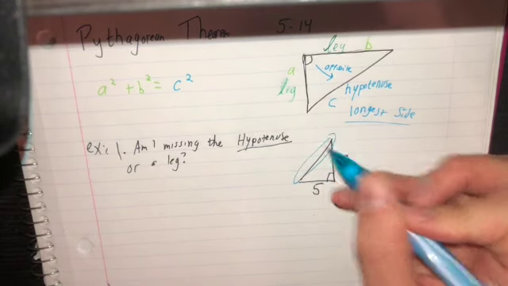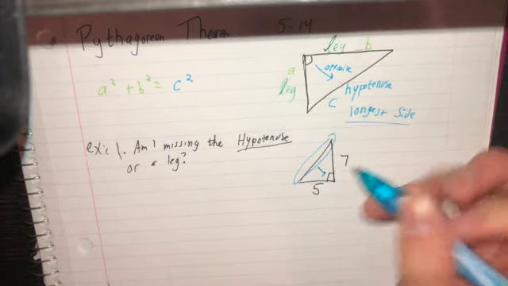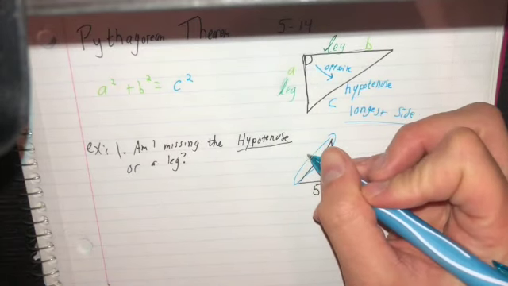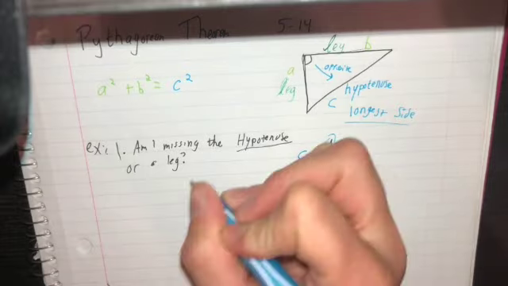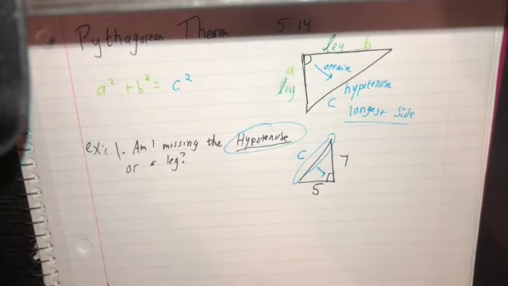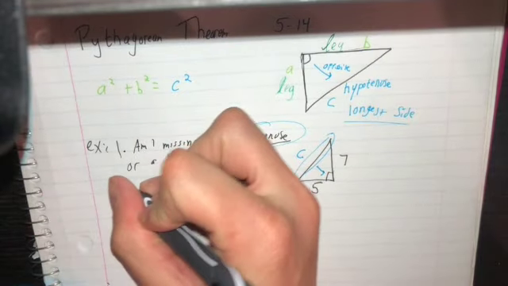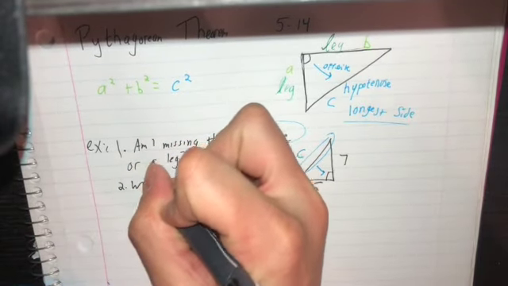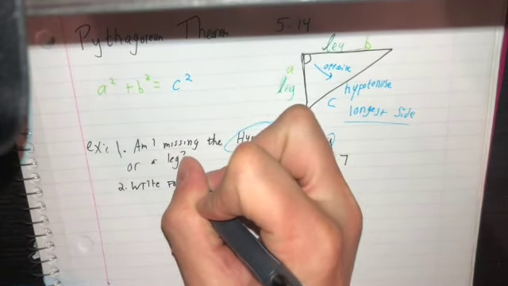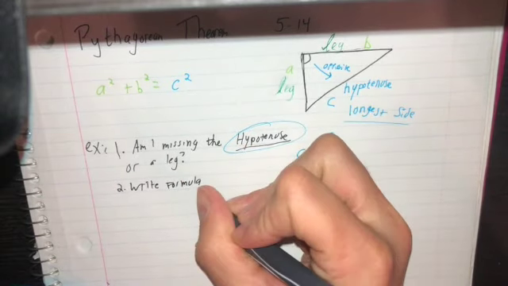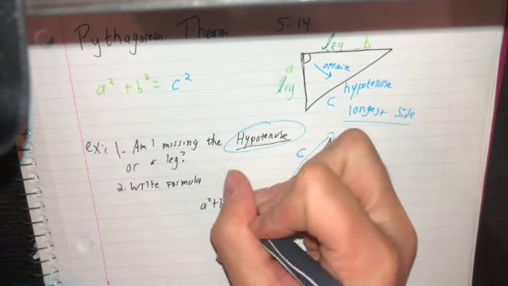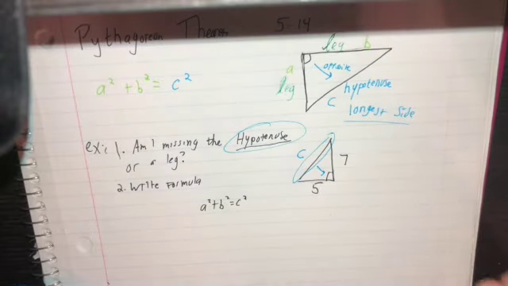Well, this side here, I notice it's opposite the right angle. So it's actually the hypotenuse I'm missing. So I'm going to call it C for hypotenuse. So in my theorem, step 2 is going to be to write the formula. So you've got a squared plus b squared equals c squared.